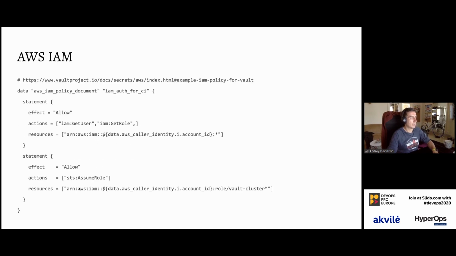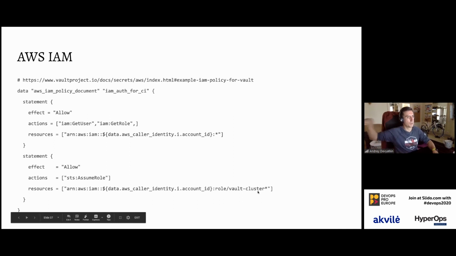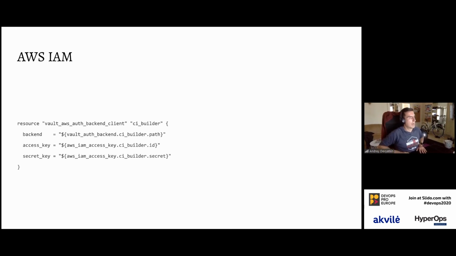And we're also allowing it to assume the role. So something that runs on the Vault cluster with a Vault cluster role can assume this one. So that makes sense, right? And then we're creating the auth backend client, which is basically the thing that's going to be checking stuff for Vault.